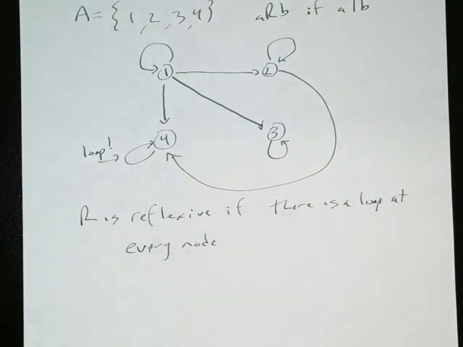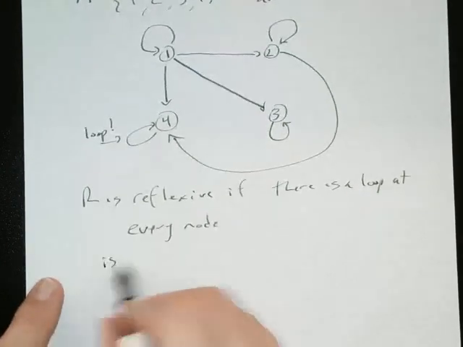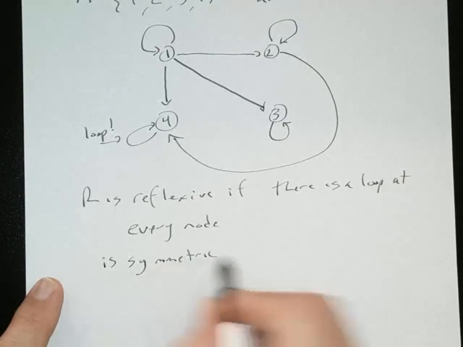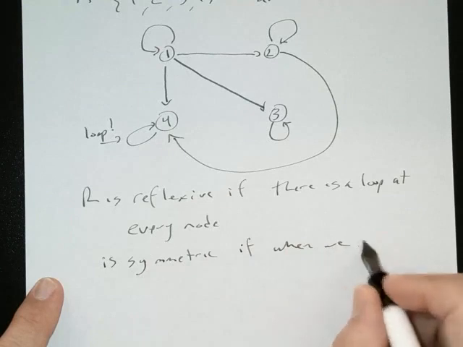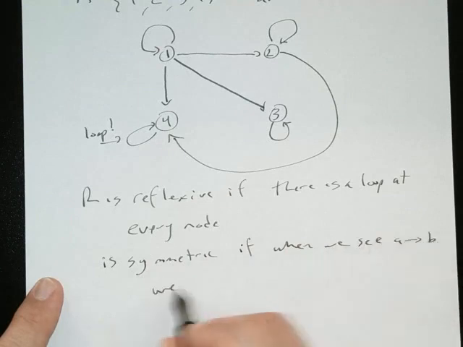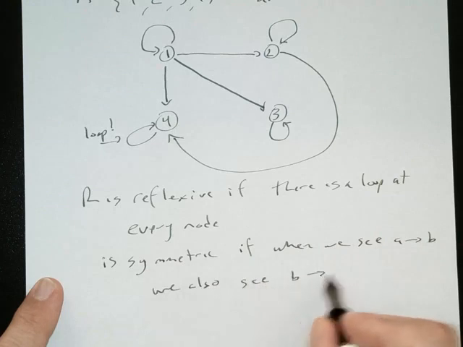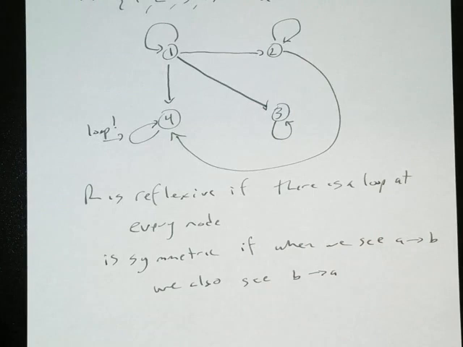How would I know if it's symmetric? If it's symmetric, whenever you have an arrow going from one to the other, from A to B, you also have to have an arrow going from B to A. In other words, there should be no one-way streets.